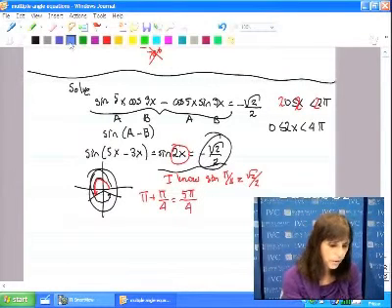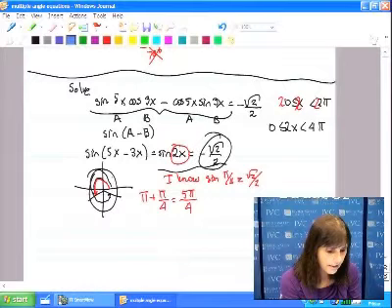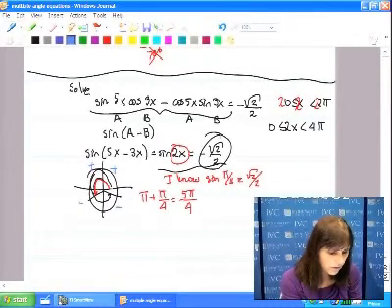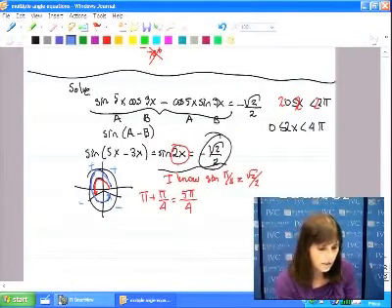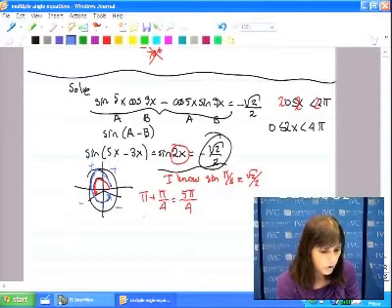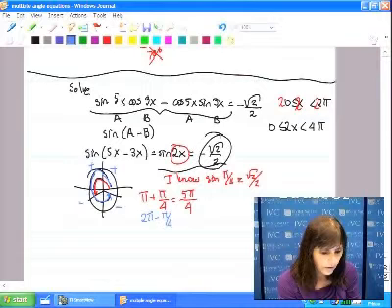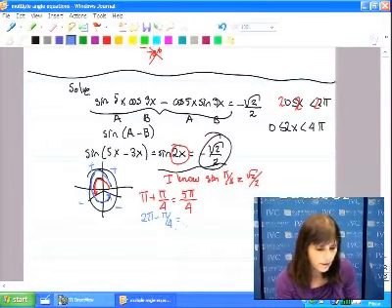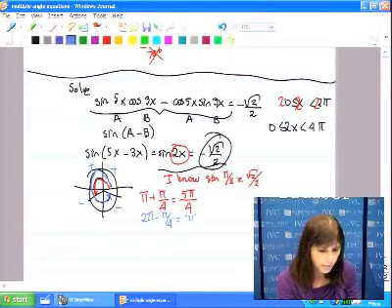How about the blue one? I know sine is positive here, negative here. So the second one is going to be 2 pi minus pi over 4. So that's 8 minus 1, 7 pi over 4.